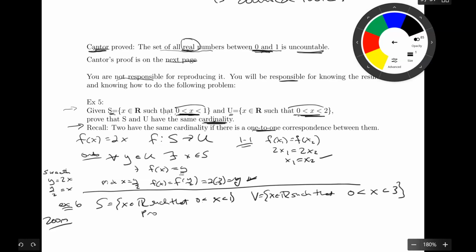Prove that S and V have the same cardinality. And they'll let you do that on Zoom.